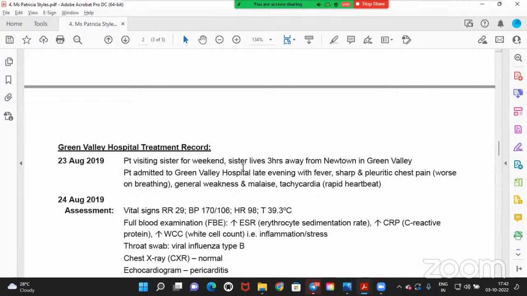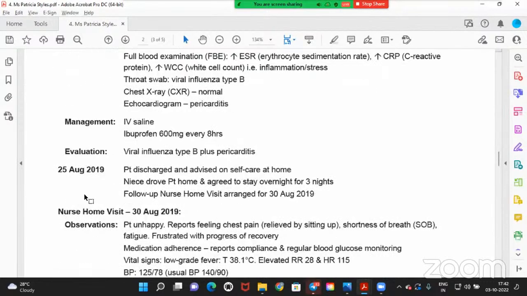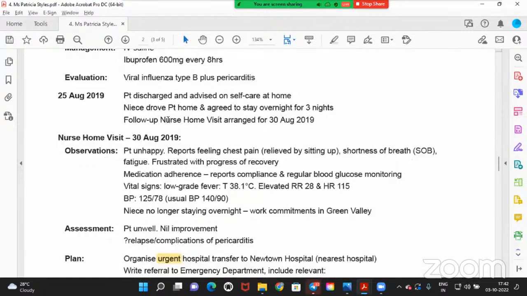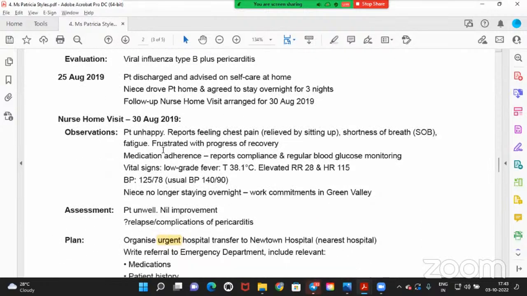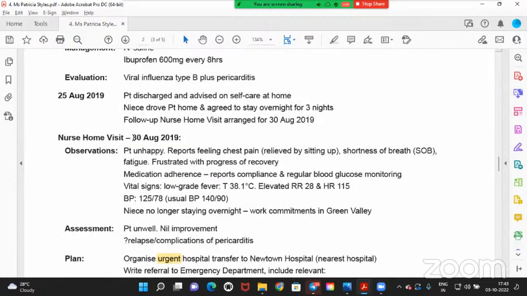Is this necessary? If it is not necessary, you need not write. Just check it out. Confirm it. So 23rd August 2019. Now this is 25th August 2019. Observations, 30th August 2019. Focus more on this one.